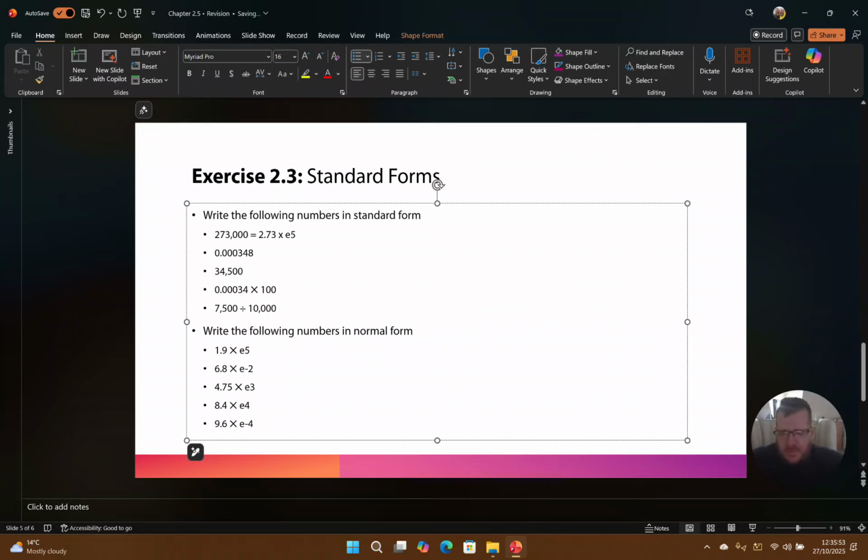And then what we'll do at this point is we'll go 3.48, because we've got a number between 1 and 10. 1, 2, 3, 4, 5. 1, 2, 3, 4, 5.